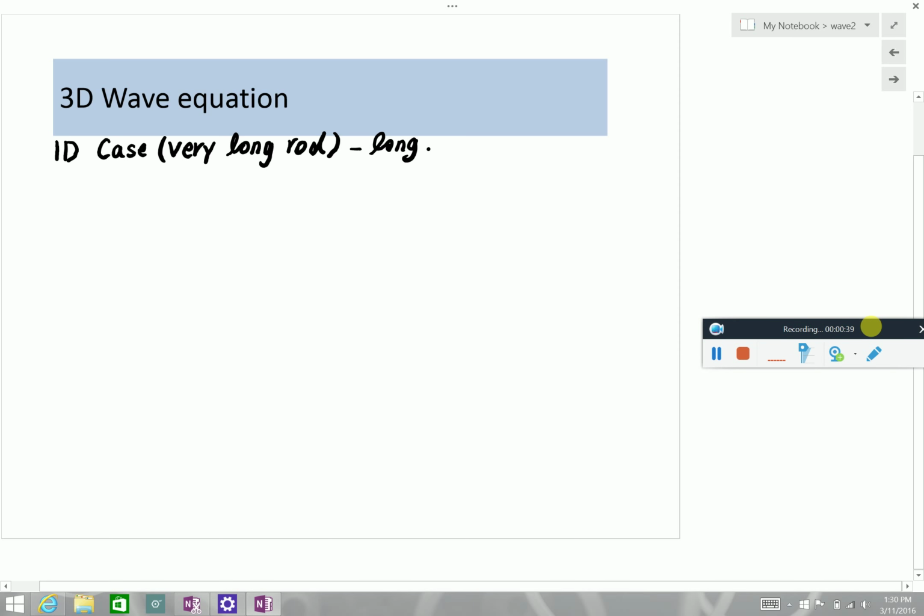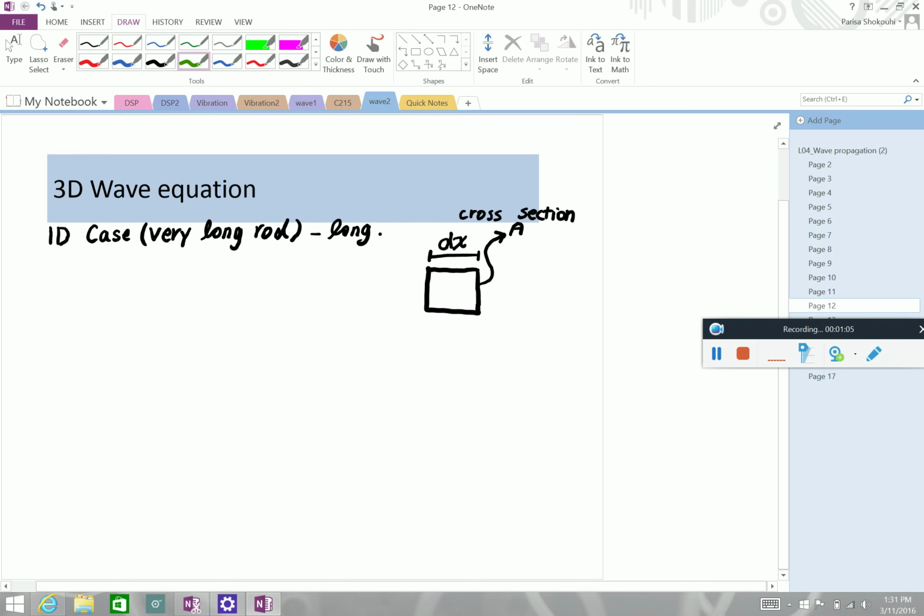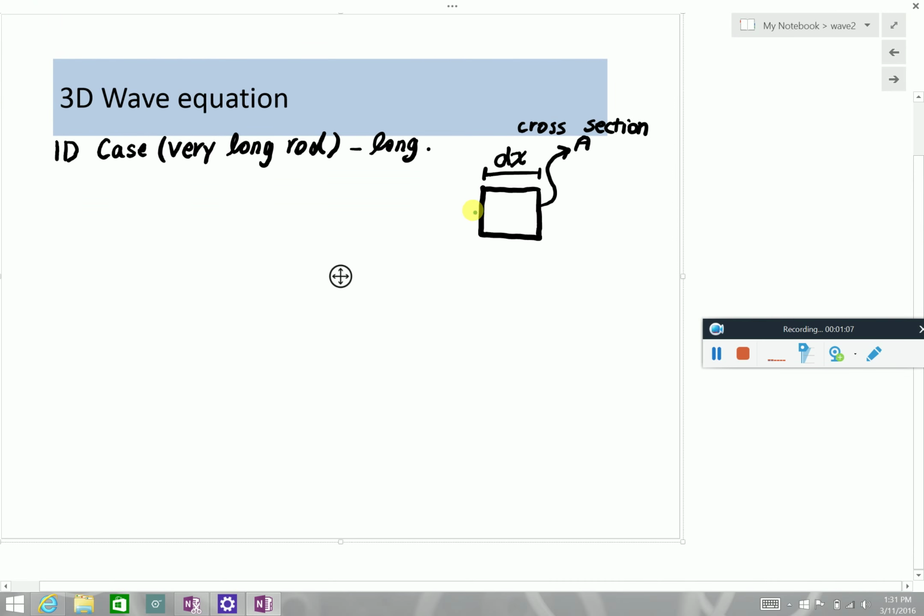So we took a small element out of the very long rod. The element length is dx. The cross section is A. If we look at this element, the forces which are applying on this element are in the longitudinal direction.